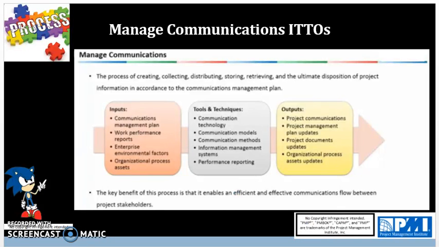Next, we are going to go over managed communications ITTOs, inputs, tools, techniques, and outputs. For inputs, we have communication management plan, which is an output coming from planned communication management.